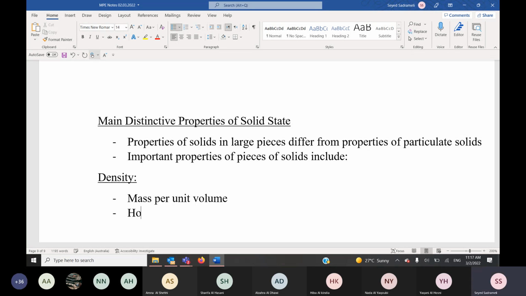Homogeneous solids have the same density as the bulk material.